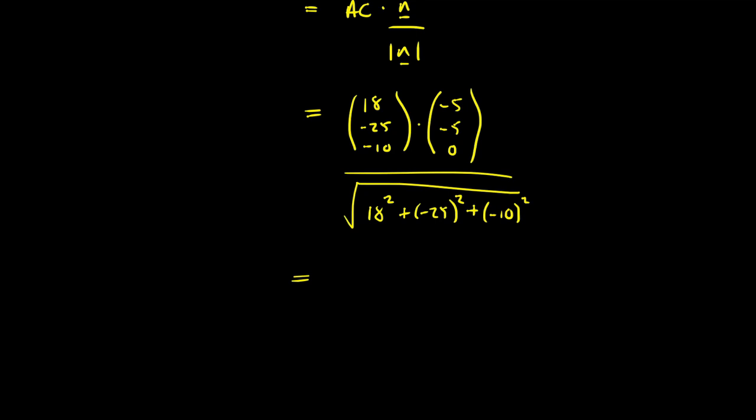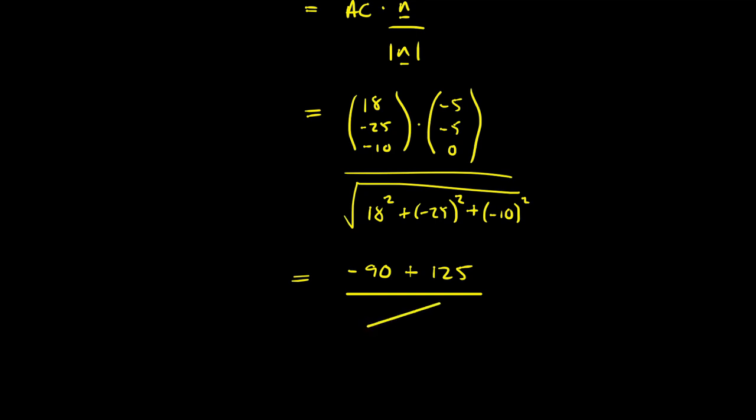So 18 times negative 5 will be negative 90. 25 times 5 is 125. Now it'll be 0, won't it? So let's just do that. Okay, then I've got to do 18 squared plus 25 squared plus 10 squared. That gives me 1049.